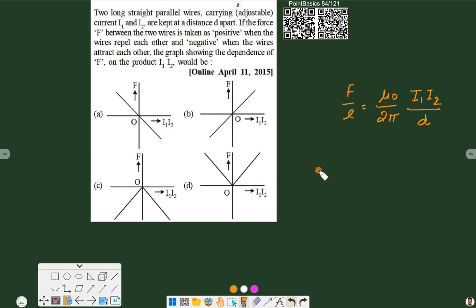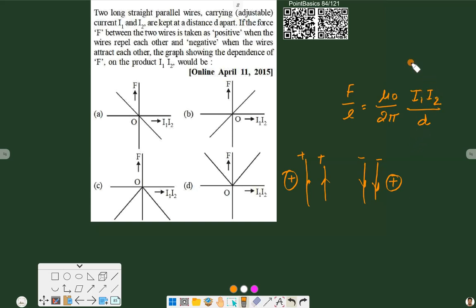Now suppose their currents are in the same direction. It can be either both upward or both downward. Both upward will be taken as positive, both downward as negative. So a negative times negative product is positive, and positive times positive is positive. We know that when the currents are in the same direction, the wires attract each other.